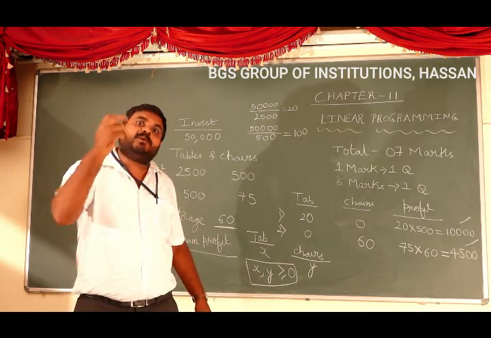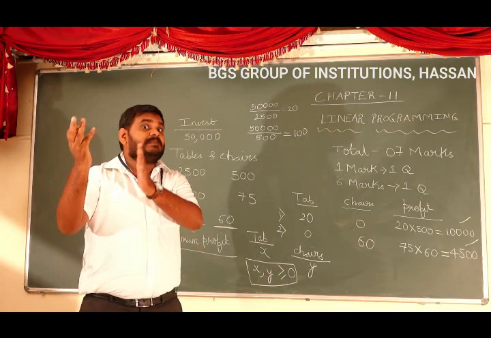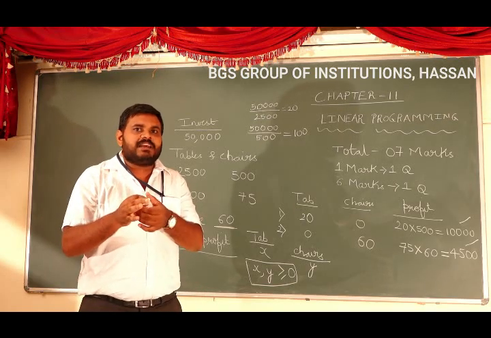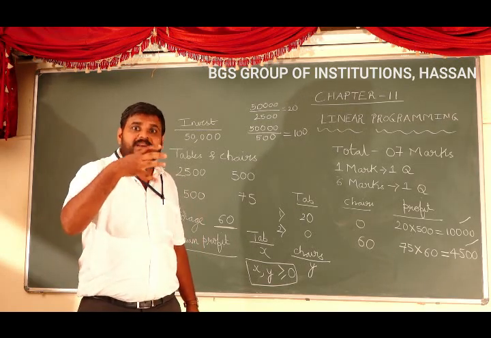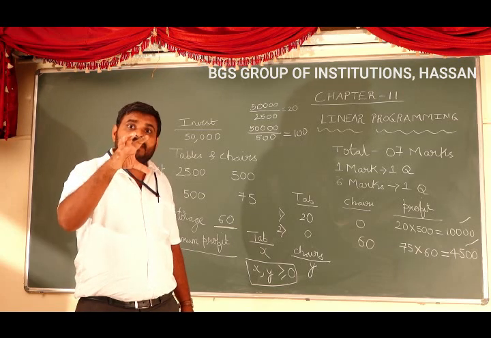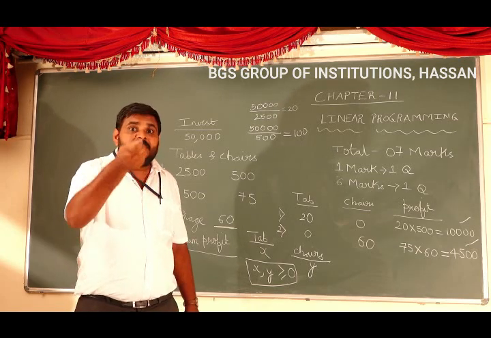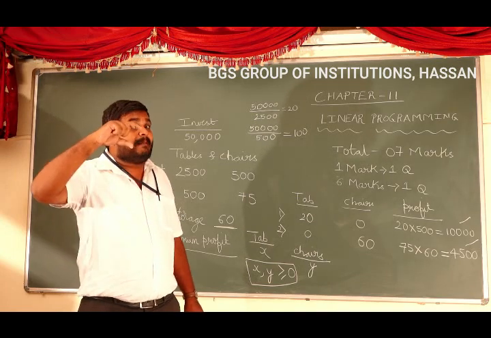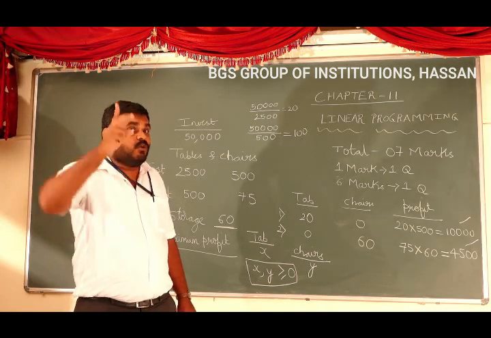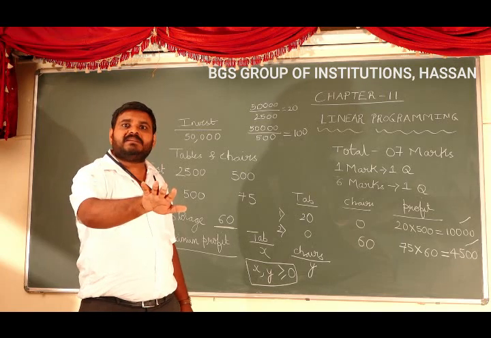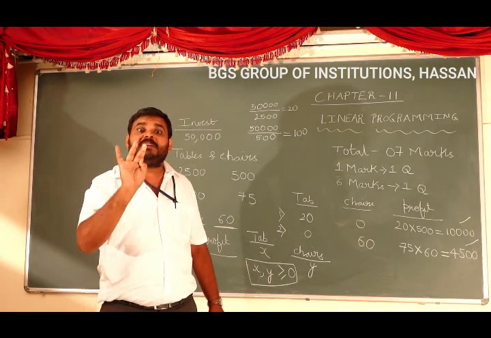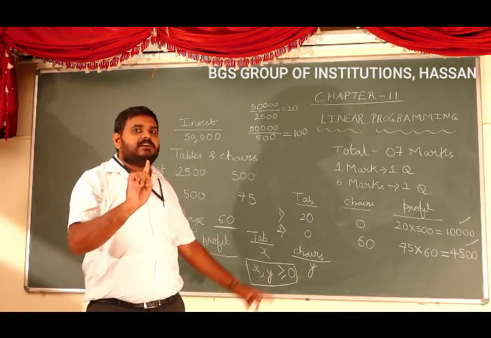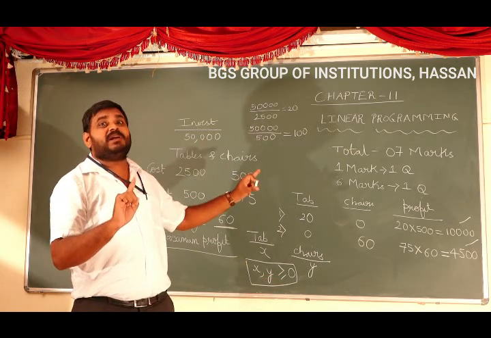Sometimes when we have to make the profit, we need to maximize the profit. That's our intention. Sometimes we need to make the expenditure less. When expenditure is less, I can say minimization of the cost. When I want to make the profit more, I say maximization of the profit. Both terms come here, minimization and maximization.